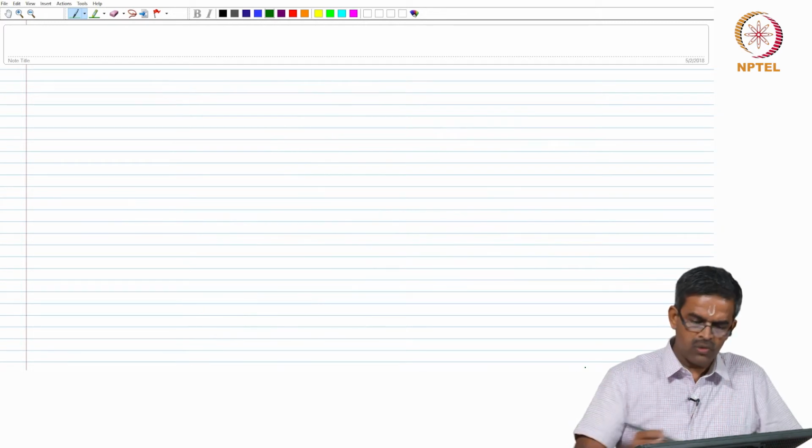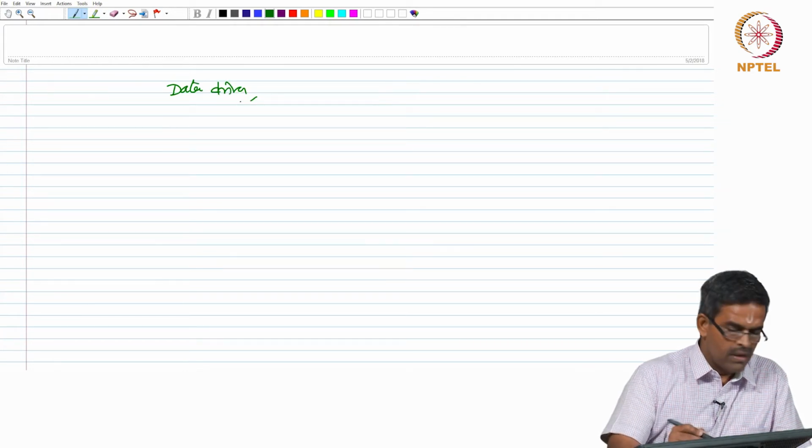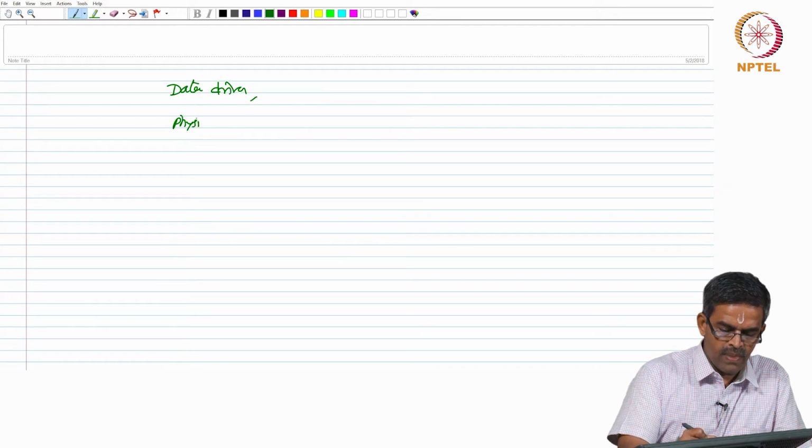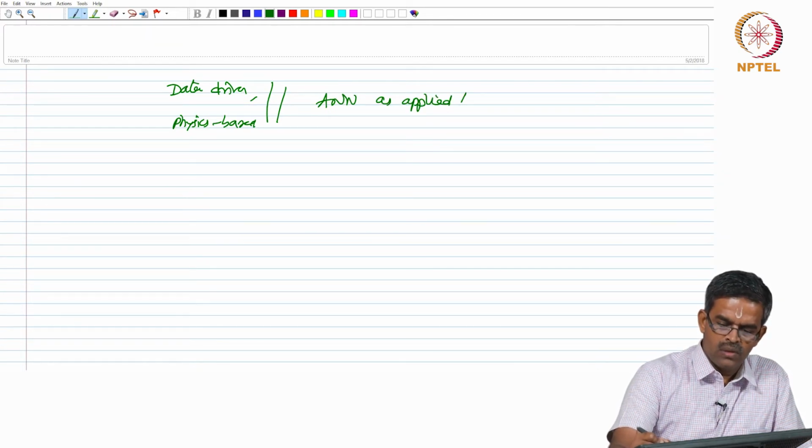So, we have two approaches, one is what we call data driven, the other is physics based. Both can be used in ANN as applied to structural health monitoring systems.